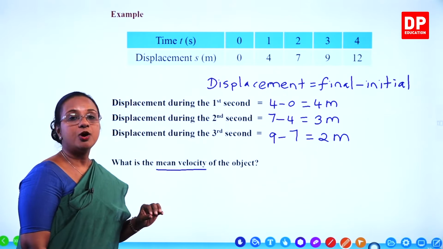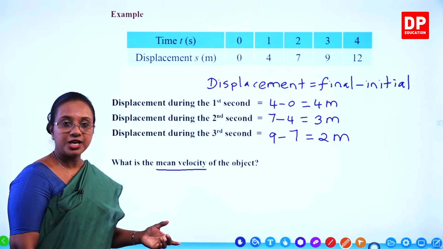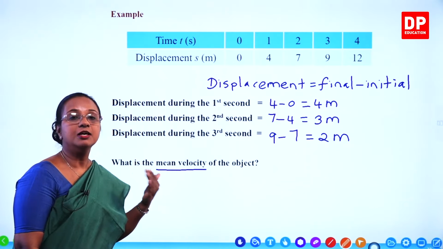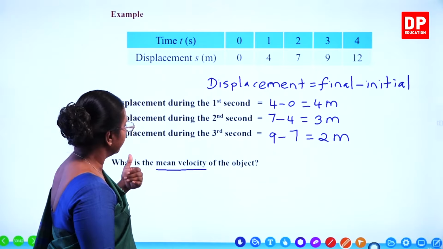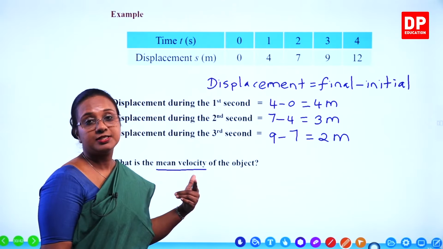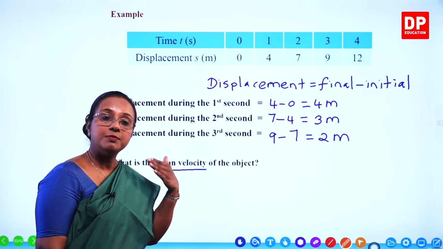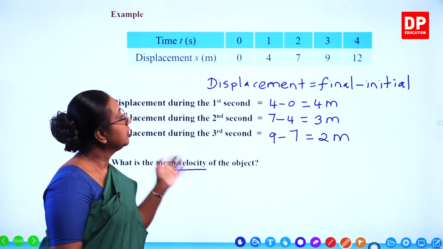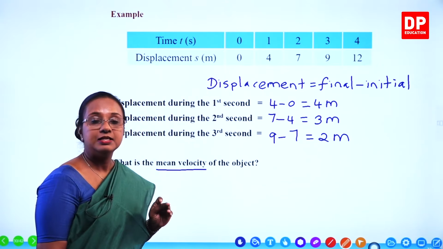So the mean velocity will be the total displacement of the object divided by the total time taken. So here the only thing is we have to consider the direction of the object. If it moves in the same direction, you take the total displacement divided by the time.